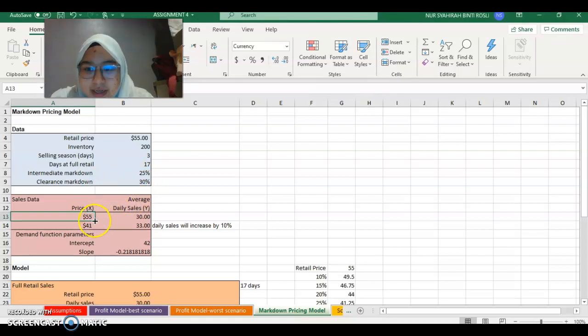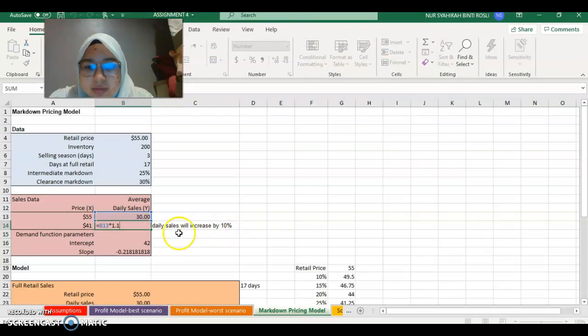When the price is at 55 ringgit, the average daily sale is 30 units, and when the price is at 45 ringgit, the units that we sell is 33 units, because we multiply by 10%, as the daily sales will increase by 10%.